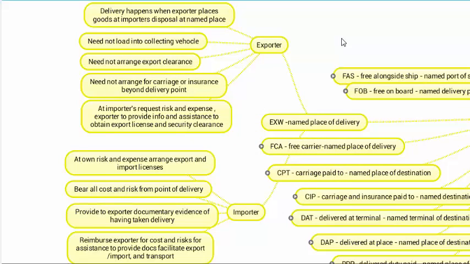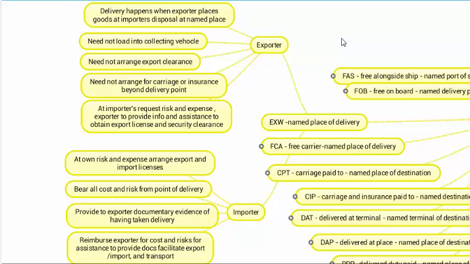At 3 o'clock, when you place the goods at the 4th gate of your factory in Chennai at some industrial estate, delivery is supposed to have completed, and the exporter's responsibility and risk stops there.